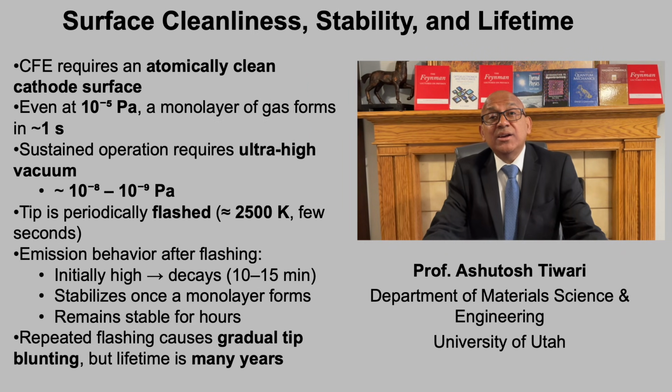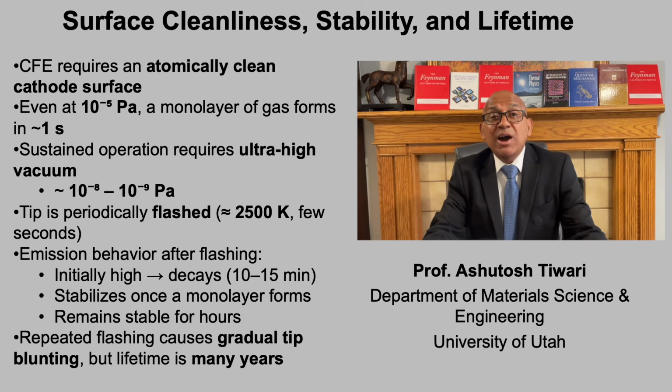Cold field emission places extremely stringent requirements on the cleanliness of the cathode surface. For stable operation, the emitting tip must be atomically clean because even a very small amount of adsorbed gas can strongly affect the tunneling process.